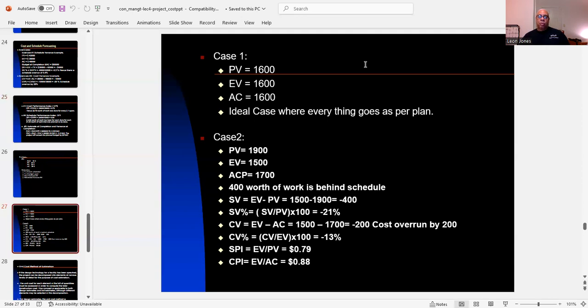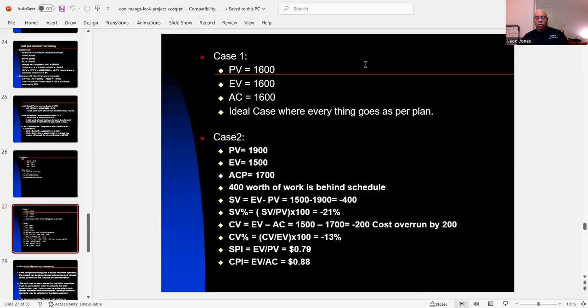Then you have case two, PV equals 19,000, EV 15,000, AC 17,000, which is 400 dollars worth of work, and it's behind schedule. Why? Because your SV is going to be negative. 15 minus 19 is going to be a negative 400.